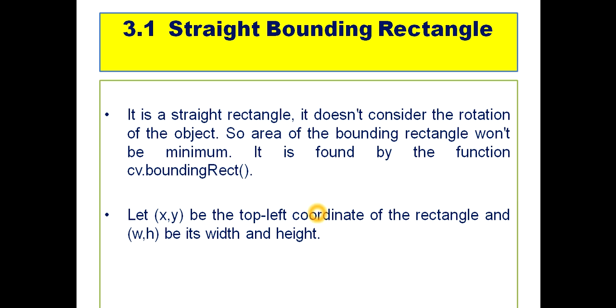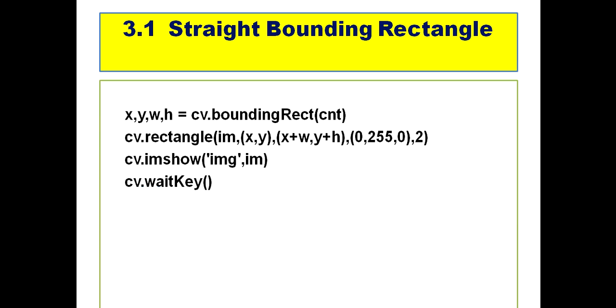So let x, y be the top left coordinate of the rectangle, then w, h be its width and height. Then we can calculate like that: x, y, w, h equals cv.boundingRect, passing cnt, that is the contour. Then cv.rectangle with x, y, then x plus w, that is width, y plus h, that is height.